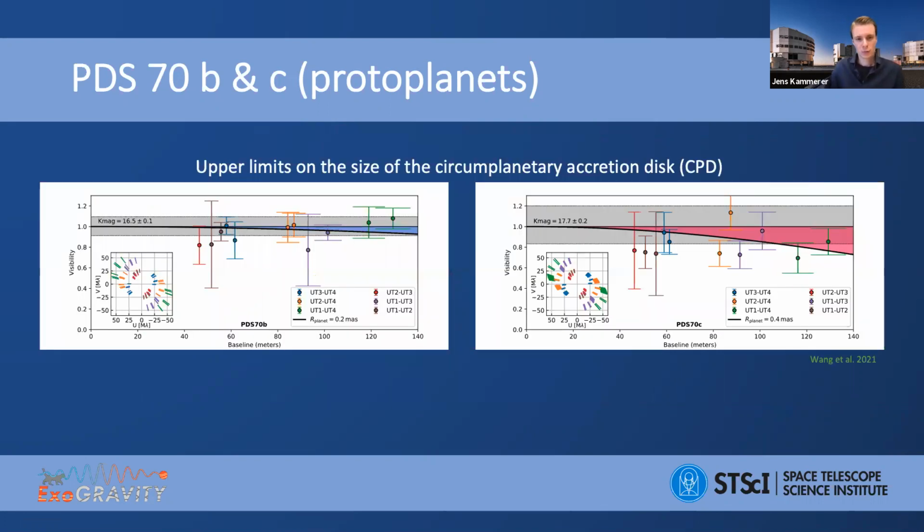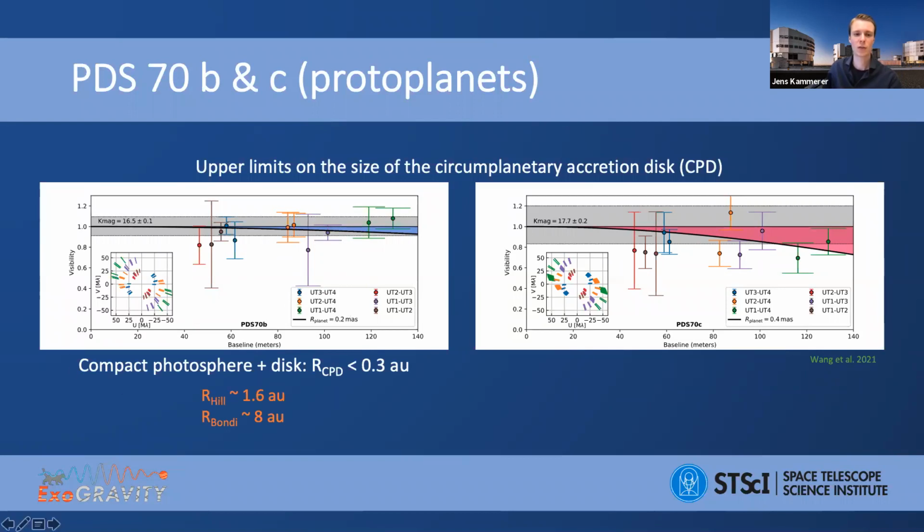And for that, we basically looked at the visibility as a function of the baseline, and we were trying to see whether on the longer baselines we can start to resolve structure which would appear unresolved for the shorter baselines. And in both cases here, we didn't find any significant detection, but at least in the case of PDS 70 b, the data was good enough to place some upper limits on the size of a circumplanetary accretion disk.